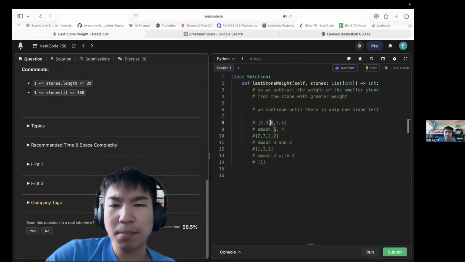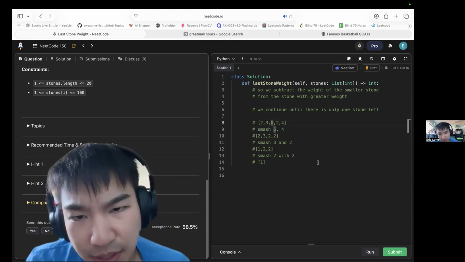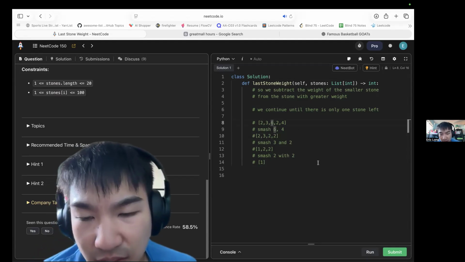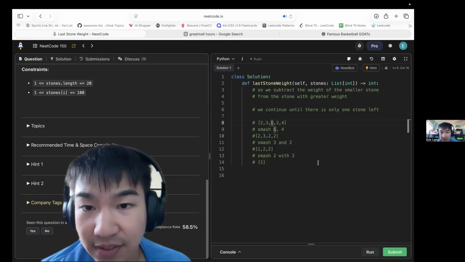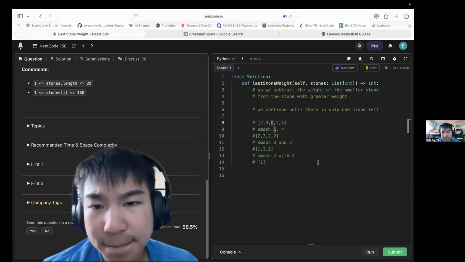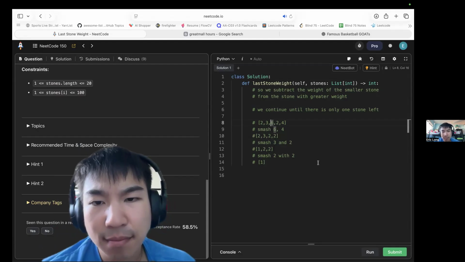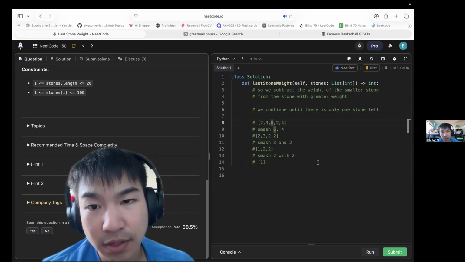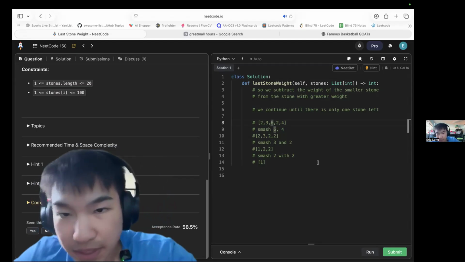Guess we could pop those two out. How do we pick up six and four from this? I guess we could make a new array every single time. Or we could just order it. We could sort it. That's what I'm thinking.